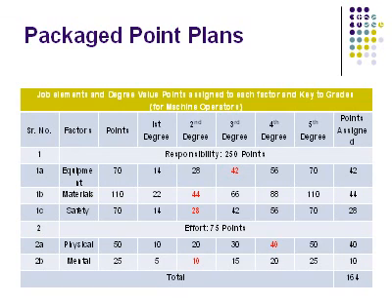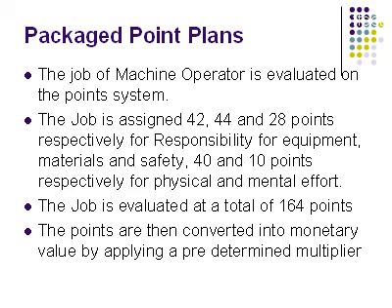Physical effort is assigned fourth degree or 40 points. Mental effort is assigned second degree or 20 points. This position gets an overall score of 164 points out of a total of 325 points. The points are then converted into a monetary value.